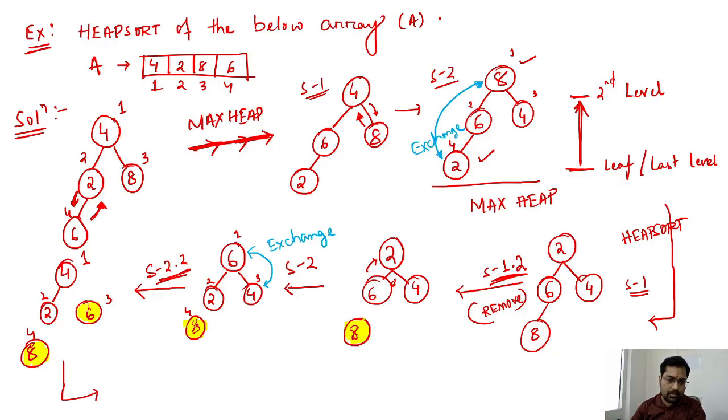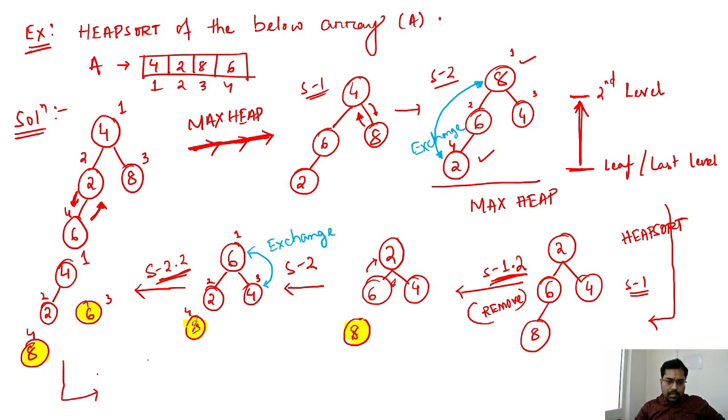Now there are two different nodes. Now we will interchange because we have to create a max shape. But it is already in max shape. Why? Because the parent is above the child, so no need to change it.